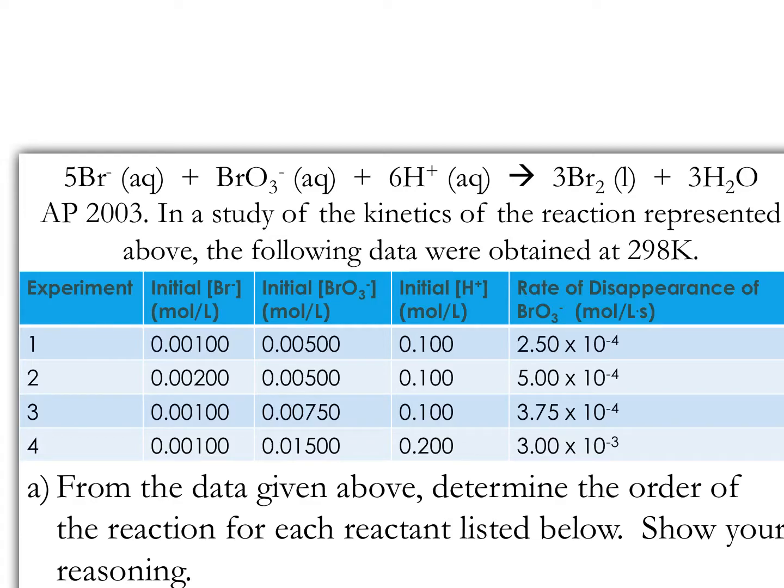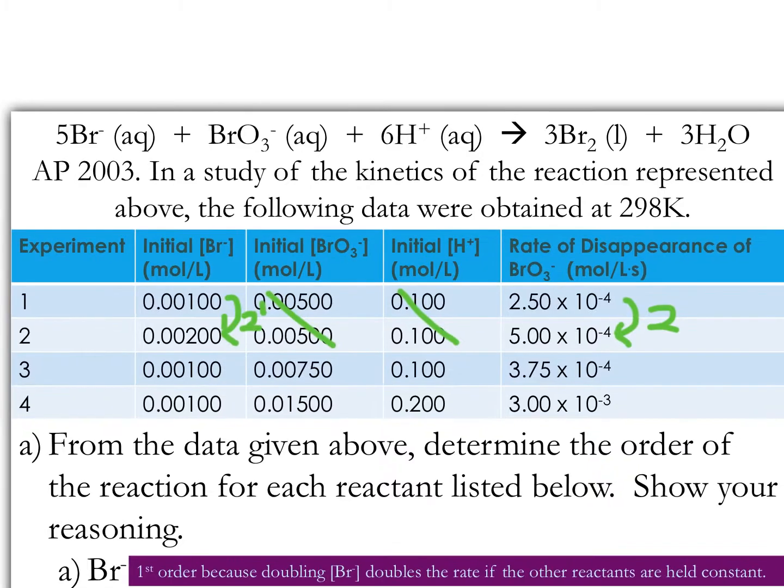So for bromine, we need to find a time in which the other 2 are held constant, which was easy from experiment 1 to 2. We held the bromite and the hydrogen ions constant. So we just look at the change. That was a change by 2. This was also a change by 2, which means it is first order in terms of bromine, or bromide, the ion.